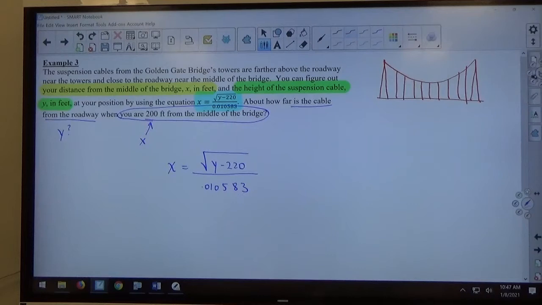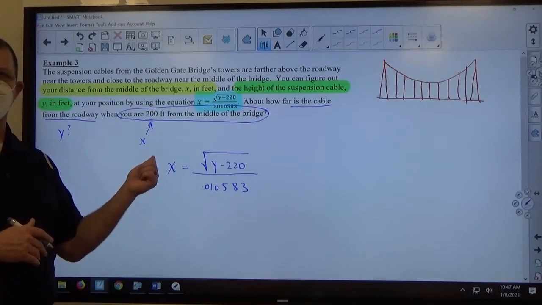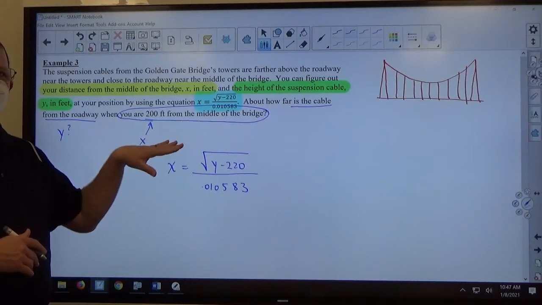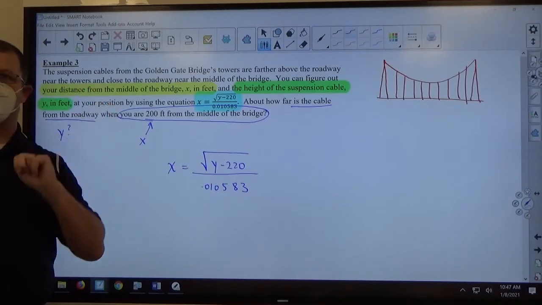To get this to say y equals, I need to solve this for y. So in essence, x is going to act like a number in this problem, as with the rest of the numbers. Y is going to be my variable, and y is underneath the radical, so this is a radical equation.